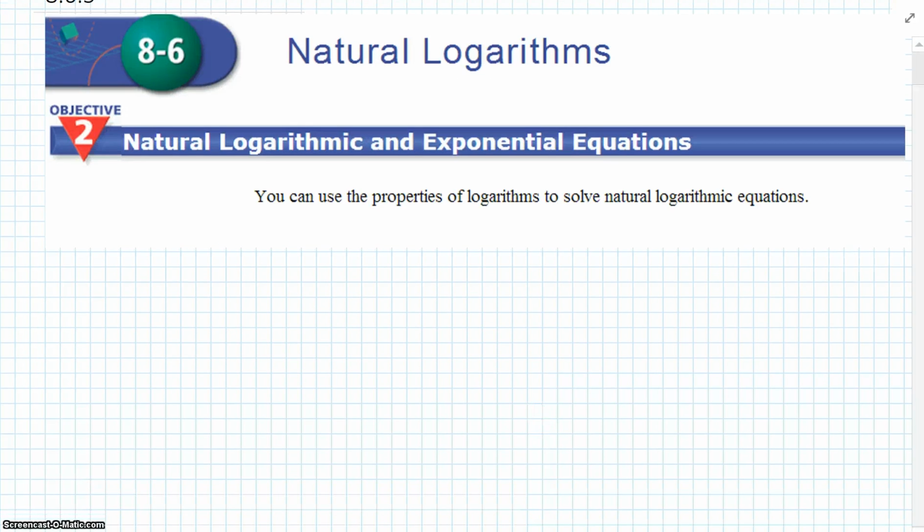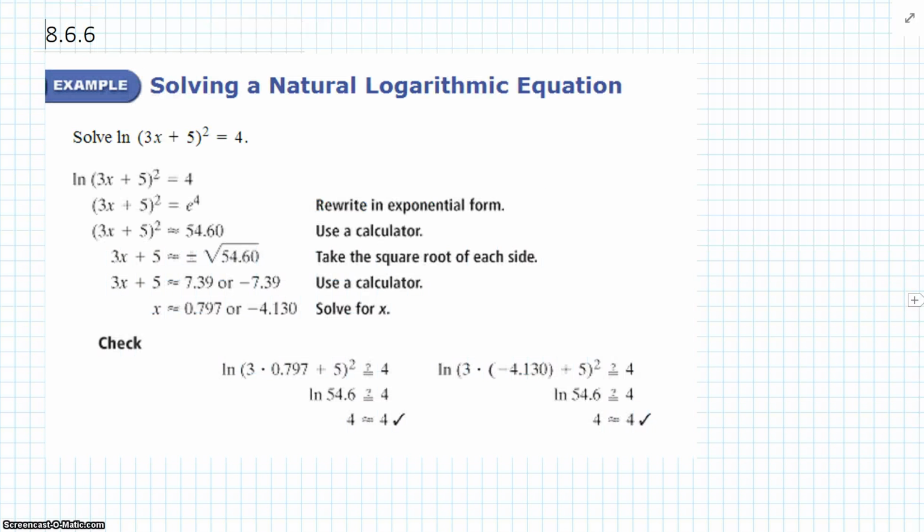So moving on, next section, natural logs. We can use the properties of logs to solve natural log equations as well. So let's just look at this one. The natural log of (3x plus 5) squared is equal to 4. If you guys remember, what did we talk about with natural logs?